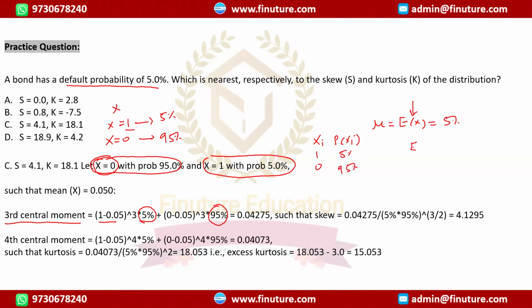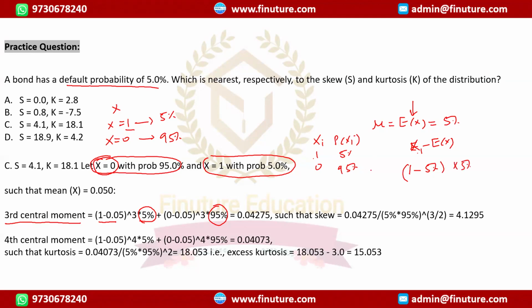Again, I will calculate x minus E of x, and I'll do this for both. So what I'll get is my first x is 1 minus 5%. Is it making sense, Riti? Yeah. So x is my 1 minus expected value of x, which is 5%, into the probability of that.